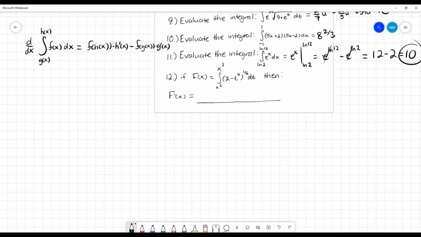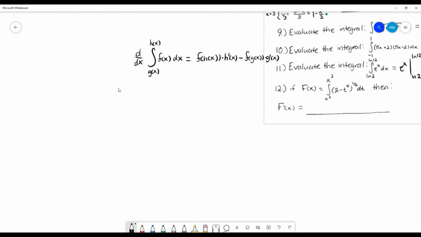So we're going to plug in that upper bound first, so it's going to be 2 minus x cubed to the 4th, which is x to the 12th, all to the 1/6, times the derivative of x cubed, which is 3x squared, then minus, plugging in that x squared, so it's going to be 2 minus x squared to the 4th, which is x to the 8th, to 1/6, times the derivative of x squared, which is 2x.